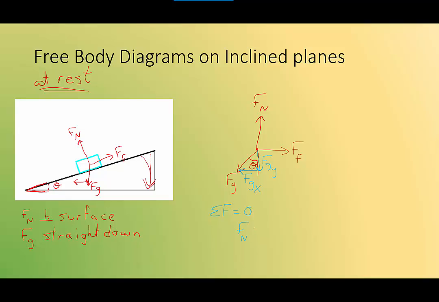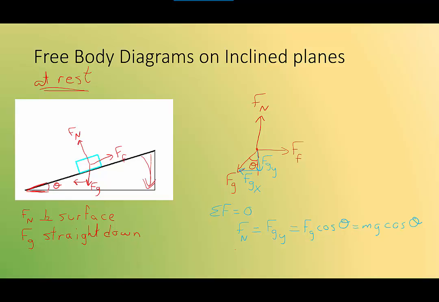So the normal force should equal the force of gravity in the y direction, which, if we take a look here again, it's a right triangle. So that means that the force of gravity in the y direction is Fg cosine theta. And remember, Fg being the weight of the object is really mg cosine theta.